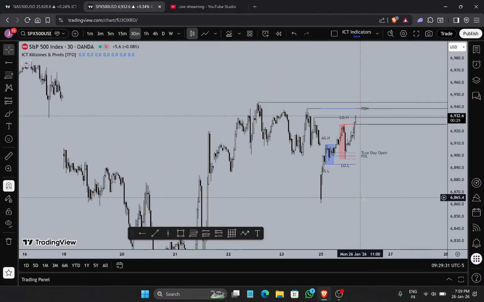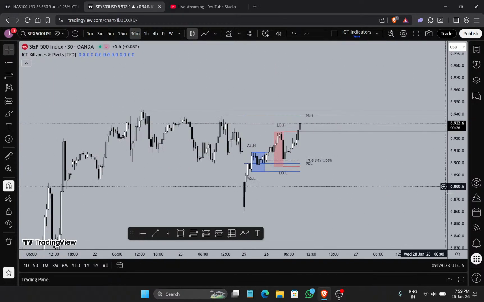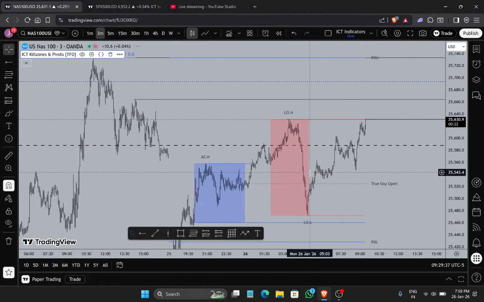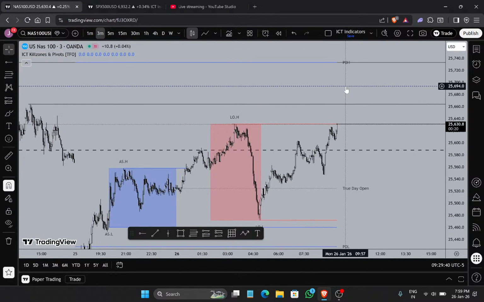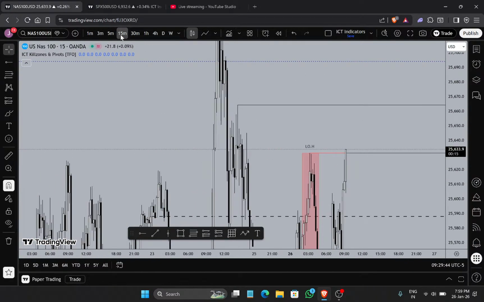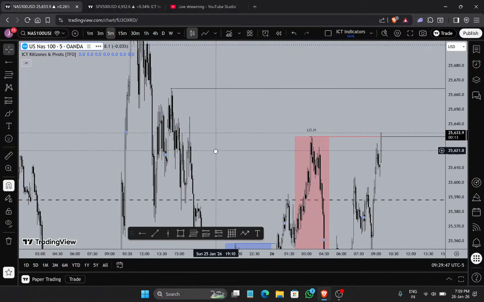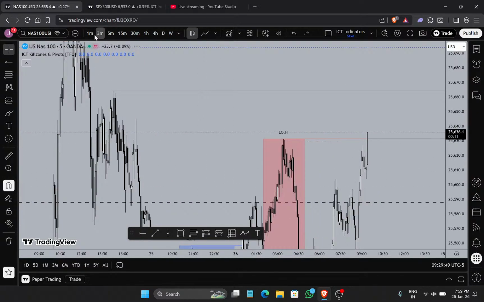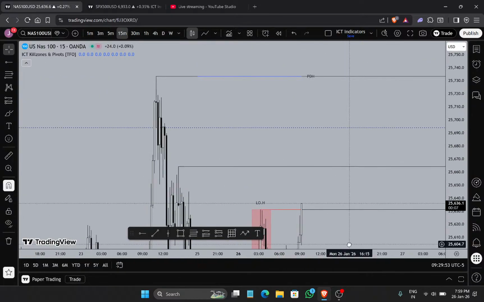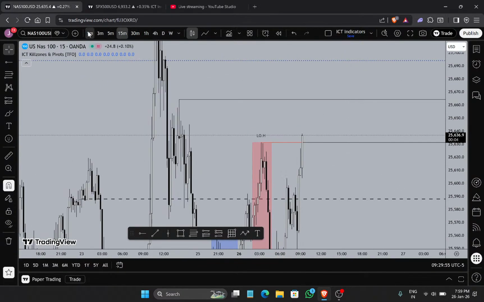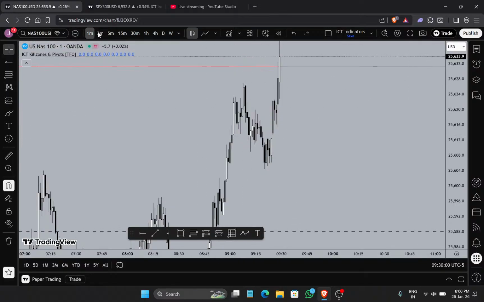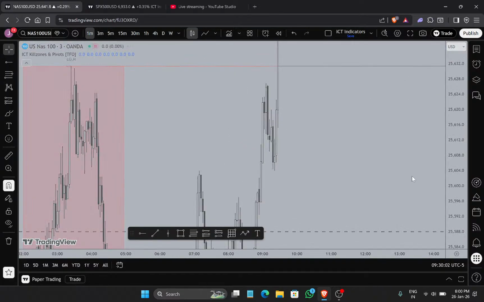Very, very bad choppy price. I'm expecting a delivery at least to this zone. We did deliver. We inverse this. Yeah, we opened up.